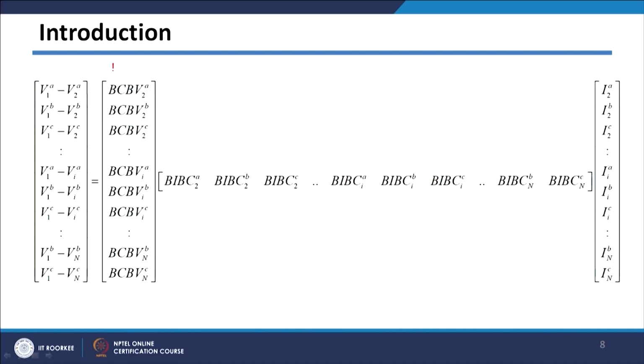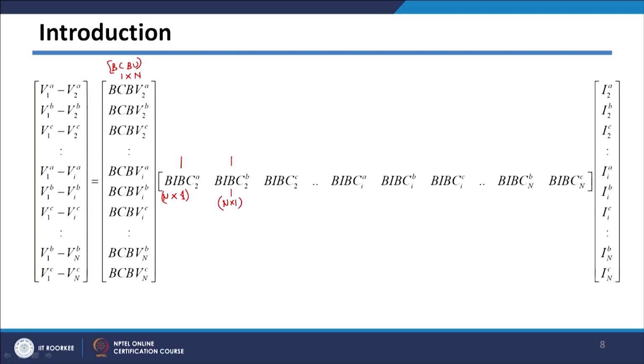So, BCBV in terms of rows: if there are n unknown nodes, the size of each row will be 1 by n, and each column of BIBC will be n by 1.